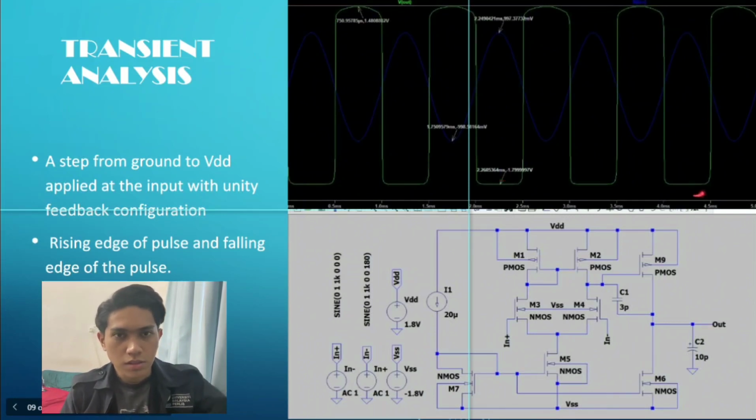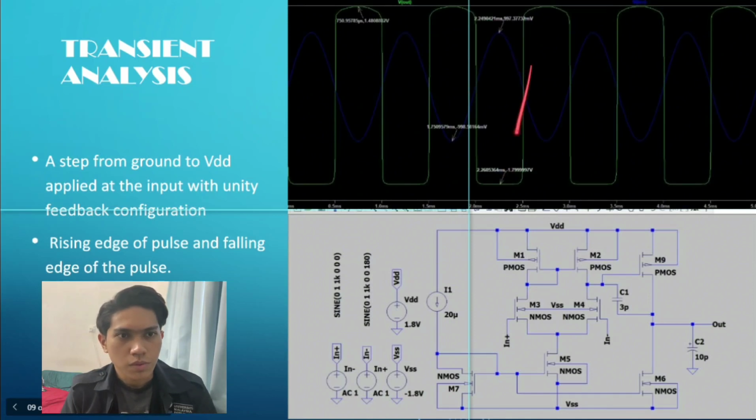Transient analysis determines a time domain where parameters such as voltage and current are plotted against time. It analyzes the change in voltage and current over time when an input signal is applied in the circuit. Looking at an output waveform, we can see the behavior over a specific length of time.